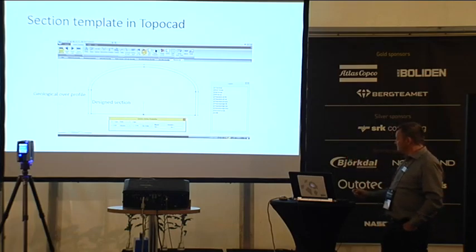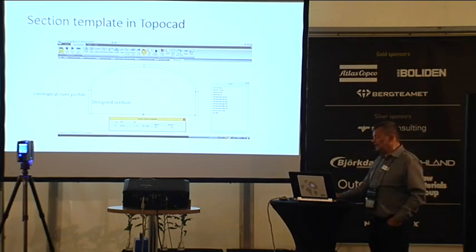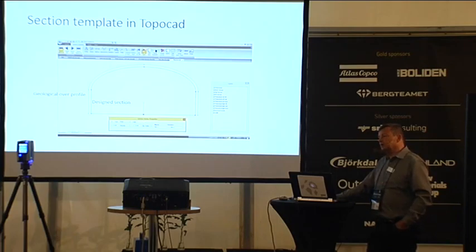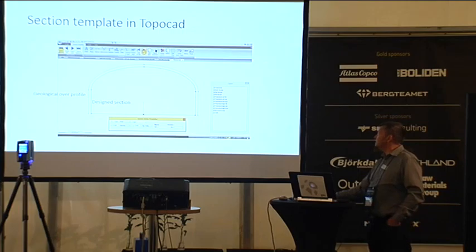So what you do is in TupoCAD you calculate and create a section template, and how it should look like in the section to have something to compare with. We can add any information here. If you want to calculate the volumes for the gallery, you put just a line here.